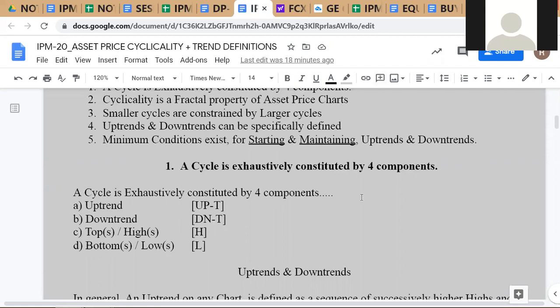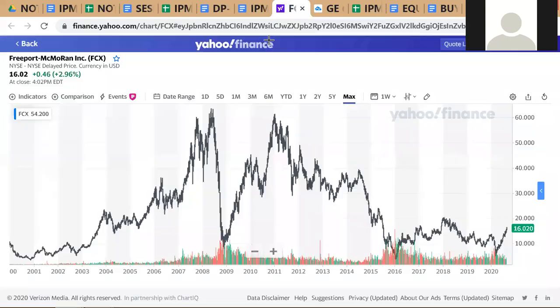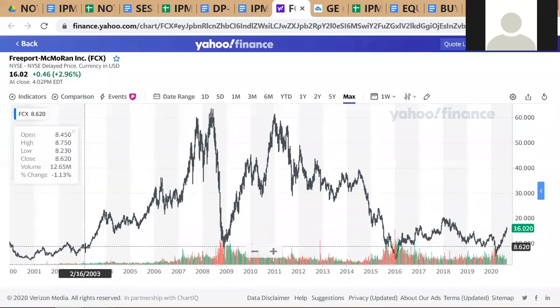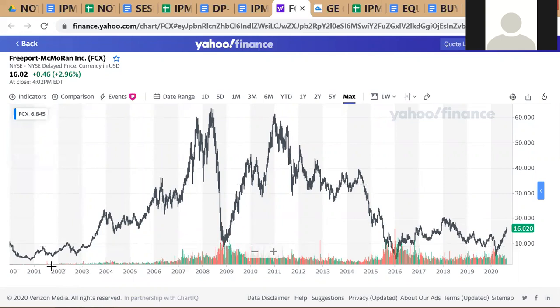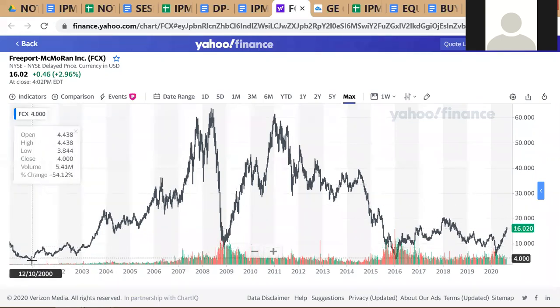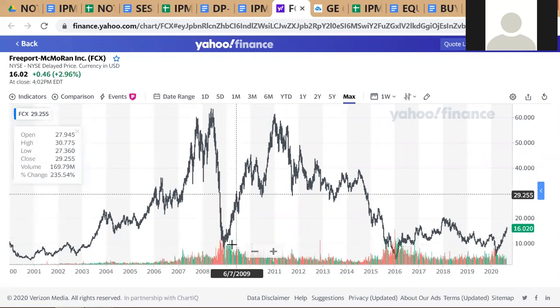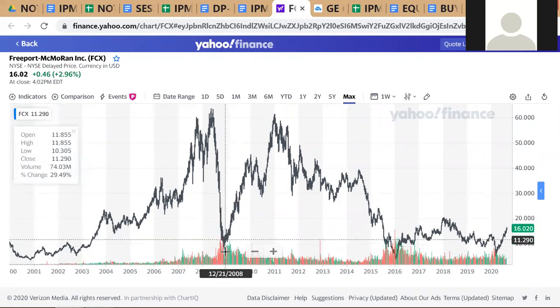So this is very easy. I just wanted to write it down here so that you can use this like a textbook, and everything is written down if you want to write anything. But it's very obvious. If I look at any cycle, say this cycle low to low, I say that this is 2000, and this is 2008. So there is an 8-year cycle low to low in FCX. I just make a statement.